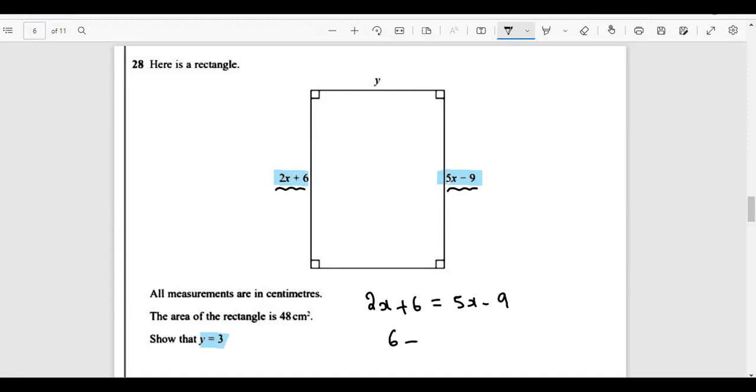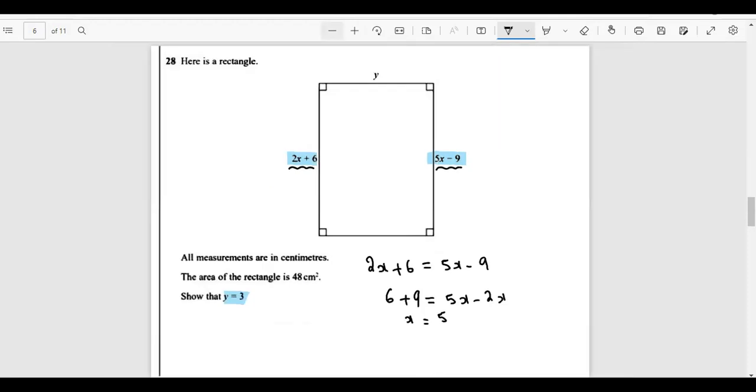So 6 plus 9: you could do 6 equals 3x minus 9, 15 equals 3x, x equals 5. Very good. And then you can just substitute: 5 times 5 minus 9 equals 14. Then you can just do 48 over 14. Oh, wait.